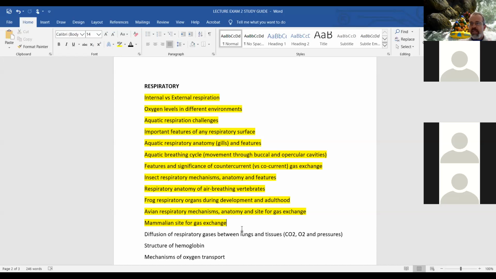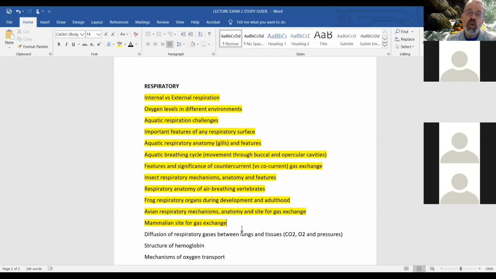2 cycles means that there are 2 opportunities to pull oxygen out of the air, which means it's very efficient. We have 1 shot in and then out, right? With birds, you've got 2 cycles to do that. So it's a different system than the fish, but it's still very effective. They don't have a countercurrent system.